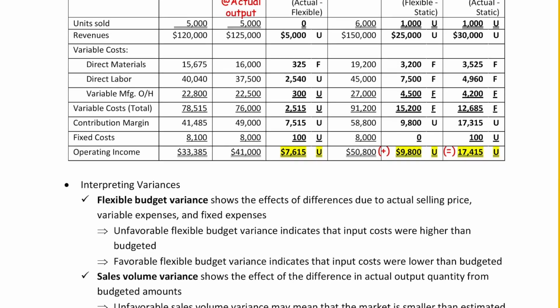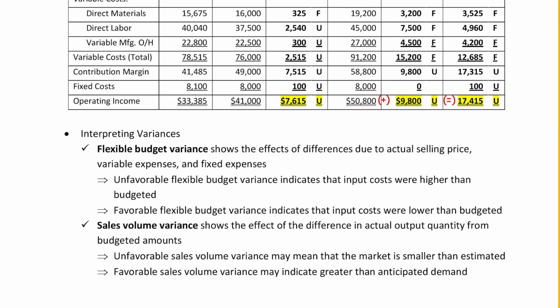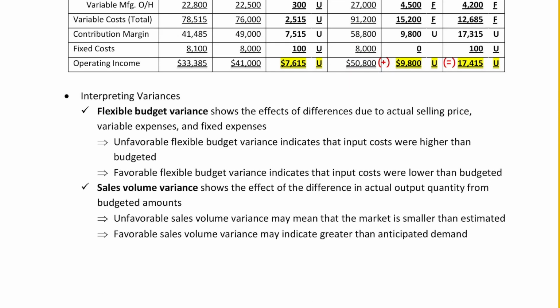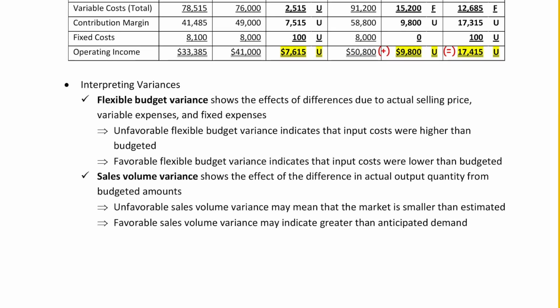Let's look at the text where we're trying to interpret variances. It says flexible budget variance shows the effects of differences due to actual selling price, variable expenses and fixed expenses. In our example, this is $7,615 unfavorable. So highlight unfavorable flexible budget variance.